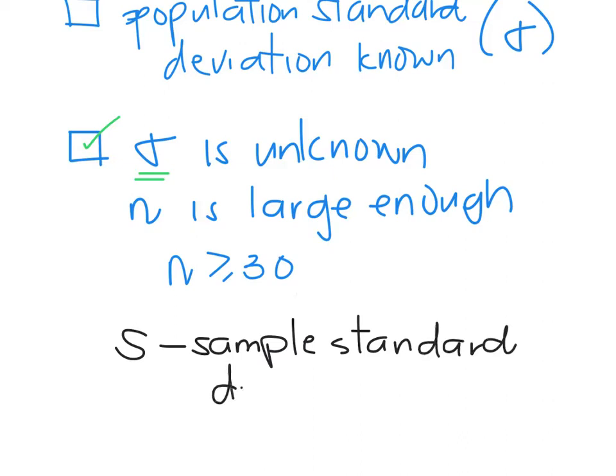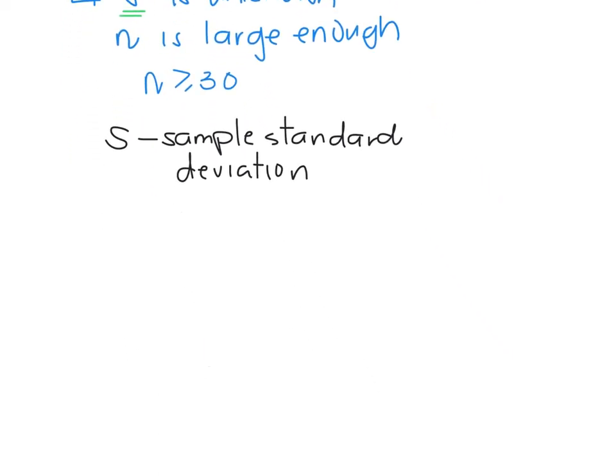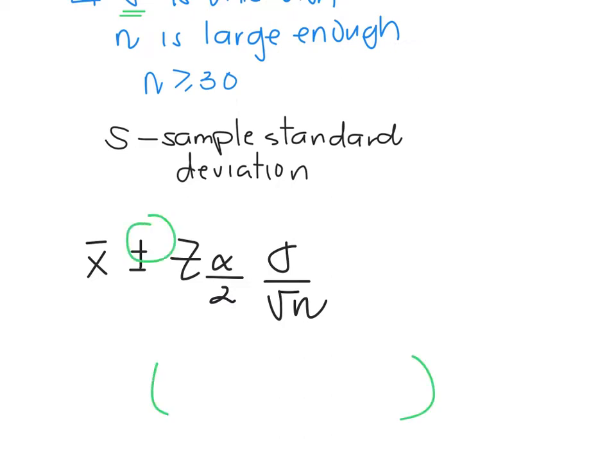If you remember the formula for the confidence interval, we have x bar plus and minus z of alpha over 2 times sigma over the square root of n. The plus sign gives the upper limit and the minus sign gives the lower limit.